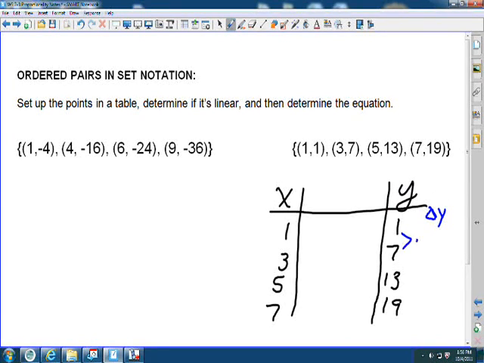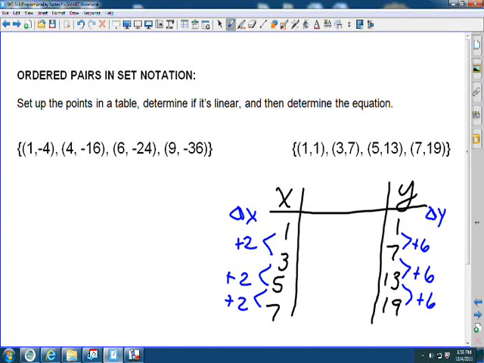I have plus 6, plus 6, plus 6. Delta x, plus 2, plus 2, plus 2. Right here, delta y over delta x. I have 6 over 2 on all of them, and they are 3. That's 3 when you divide it.